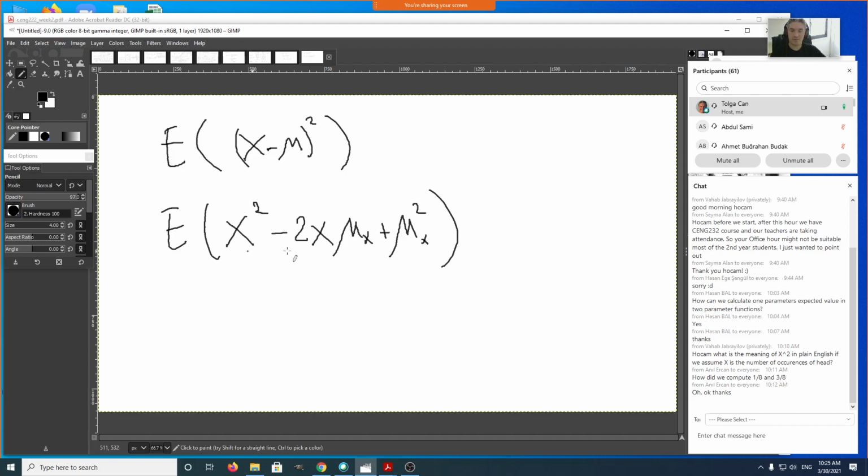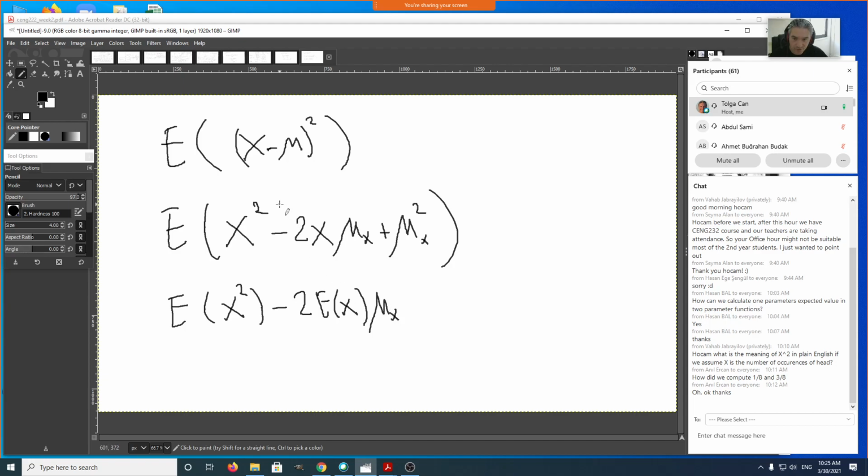If you just open up this square function, it's going to be a linear combination of multiple things, which you can then write as expected value of x squared, then minus, so this is really like a linear function, minus 2x mu x, so I need to write expected value of x mu x.